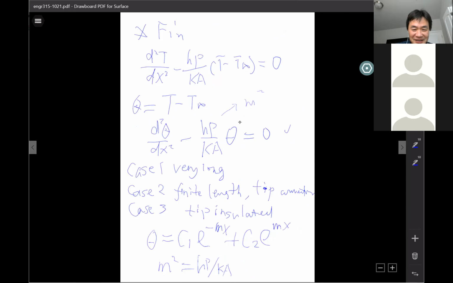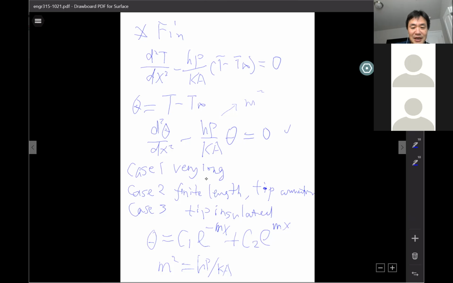So I have a couple of minutes left. I don't want to go into an example which cannot be finished today. I gave you some examples Monday, but today I just introduced the theory. Starting from the general differential equation, we use the dimensionless reference temperature theta instead of the temperature T. Then we get the general solution. Then we have 3 types of boundary condition, case 1, case 2, and case 3.